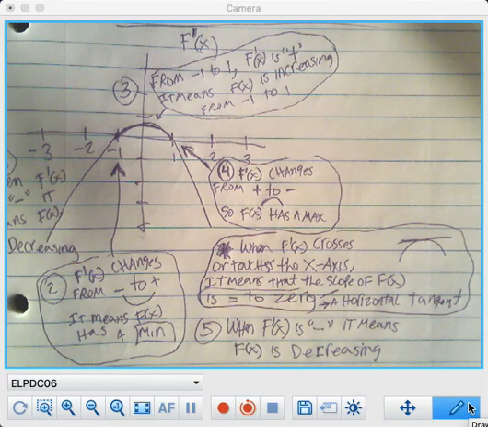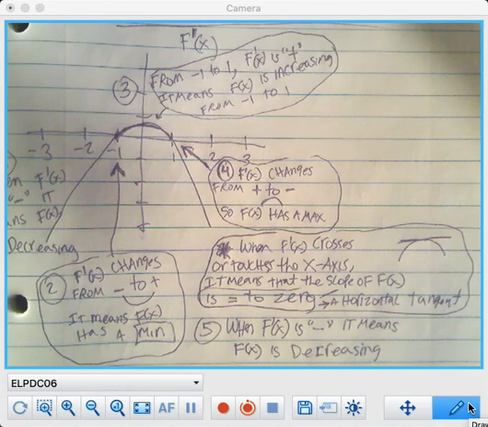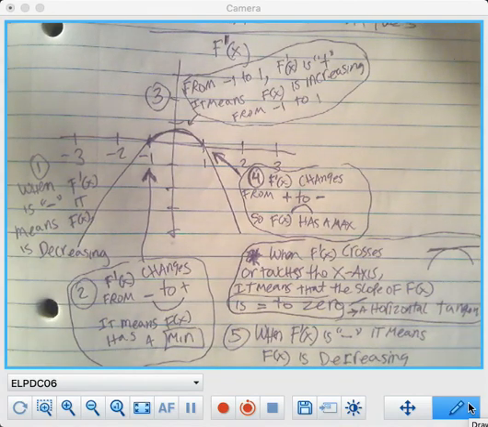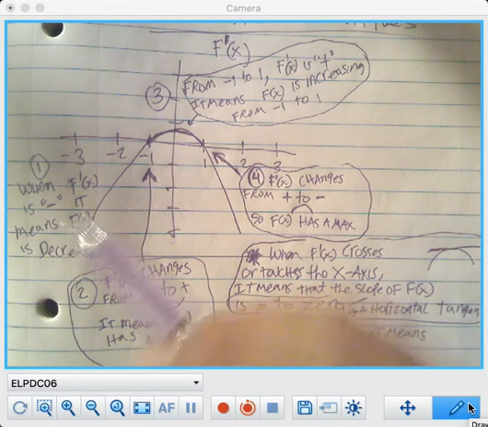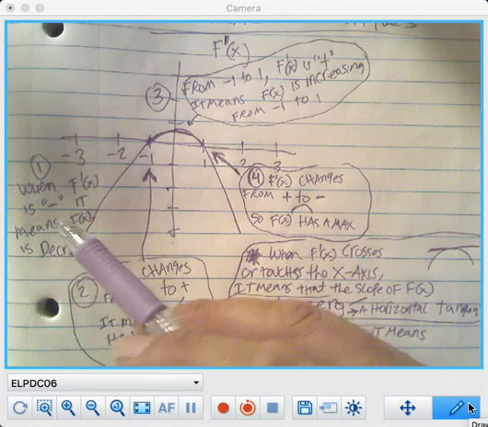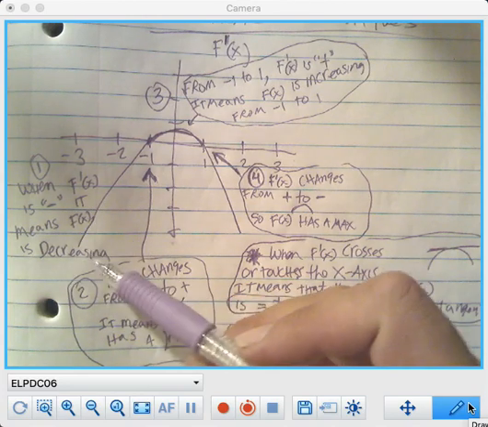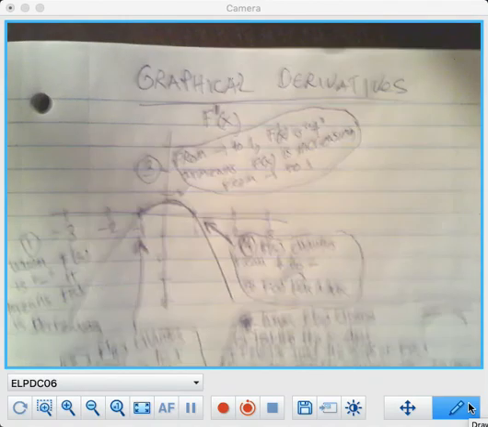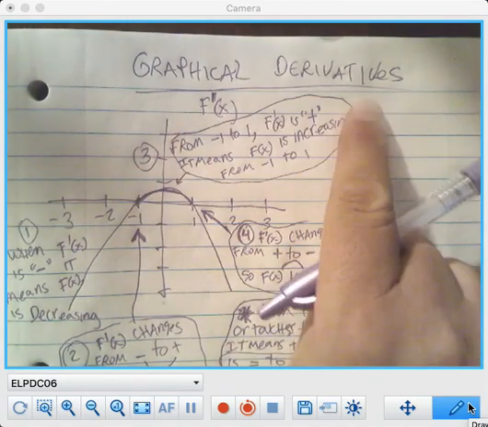What I'm going to do is explain the whole thing right now, starting with number 1. Number 1 says, when f prime of x is negative, it means f of x is decreasing. The title is Graphical Derivatives.